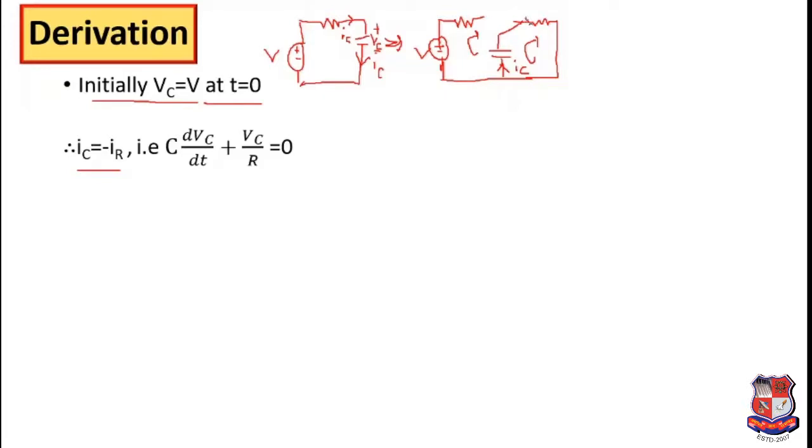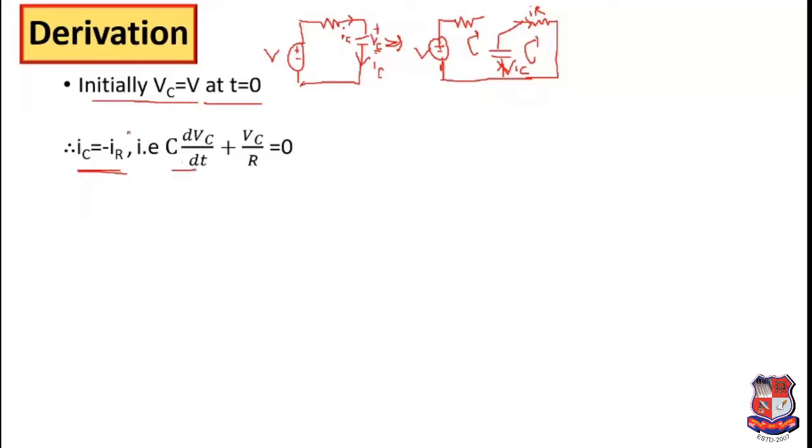Ic was initially flowing in this way, but now its direction is reversed, so Ic will be equal to minus IR.